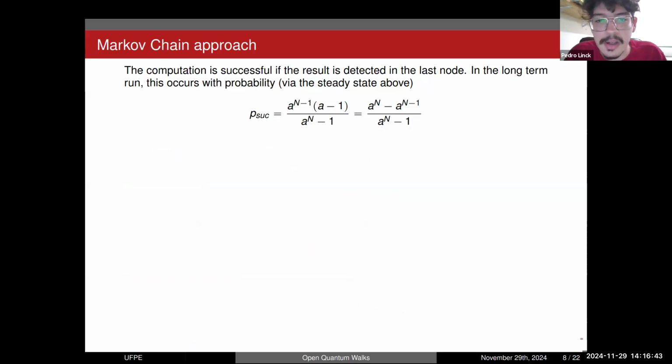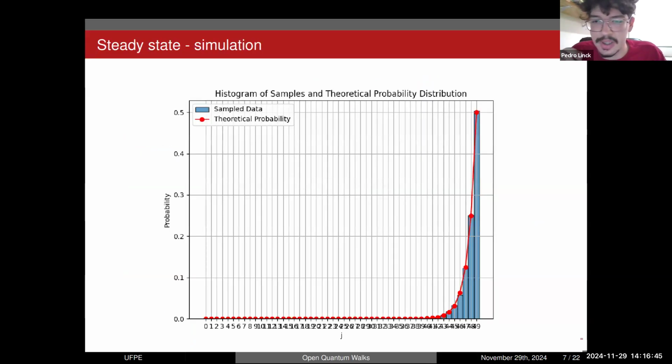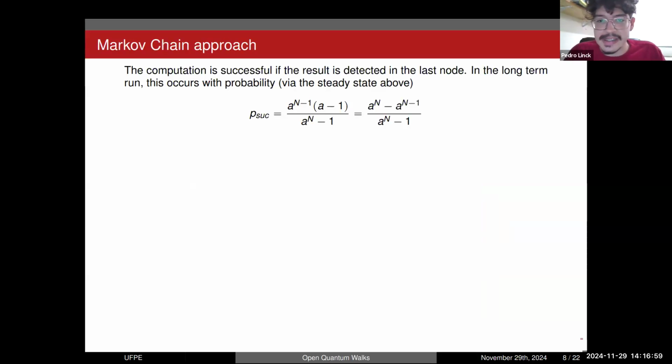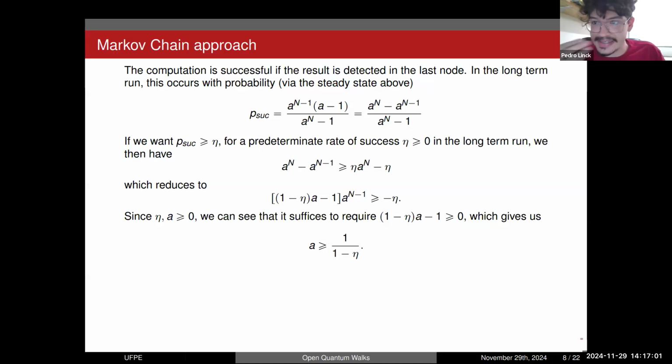For example, here, omega was 2/3, and we had 50 nodes. And as you can see, at node 50, you have 1/2 plus some epsilon, let's say, because of course, as I said, it's a sufficient condition, not a necessary condition, so you can go a little lower on omega.